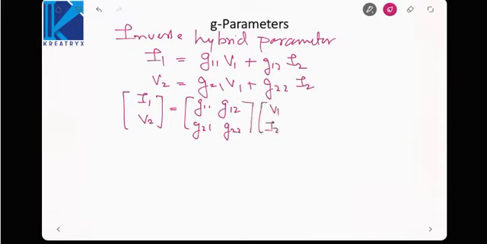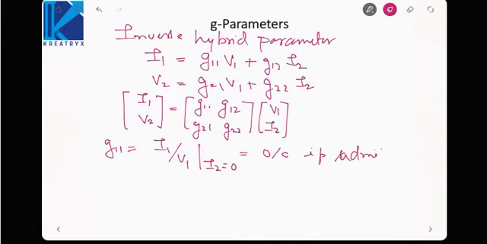times [V1, I2]. Now if you wish to find G11, you will take I1 upon V1 given that I2 equal to 0. So it is your open circuit input admittance. We are open circuiting port number 2 and determining the admittance at port 1.